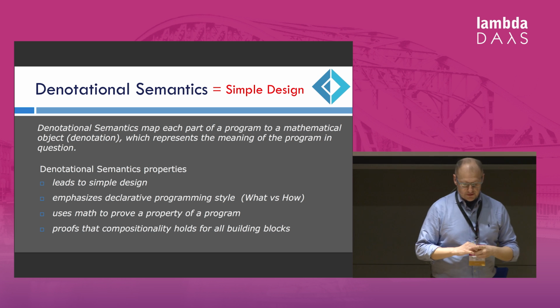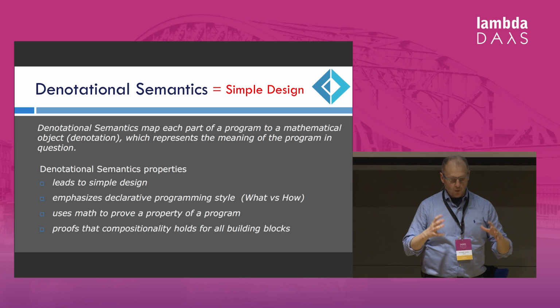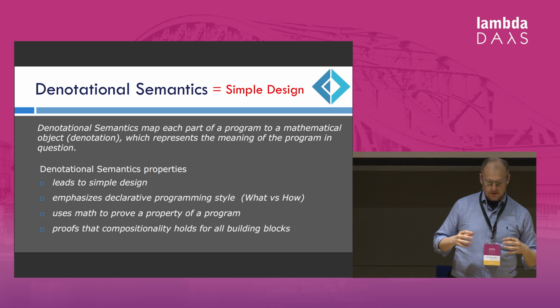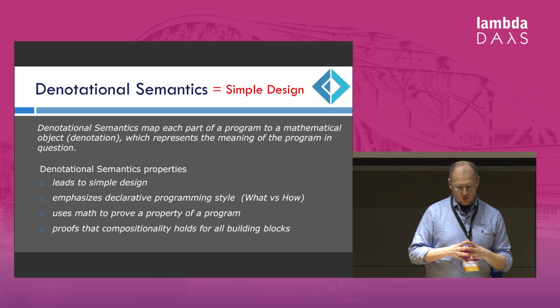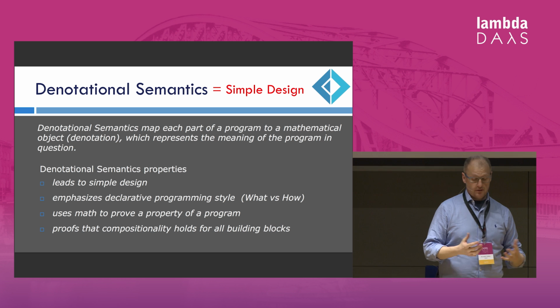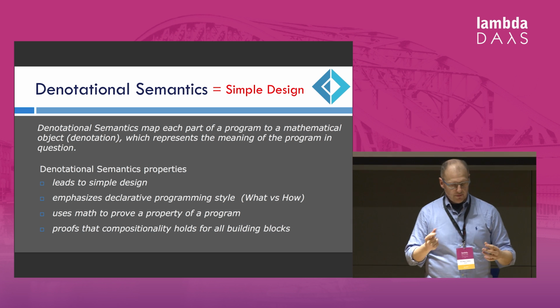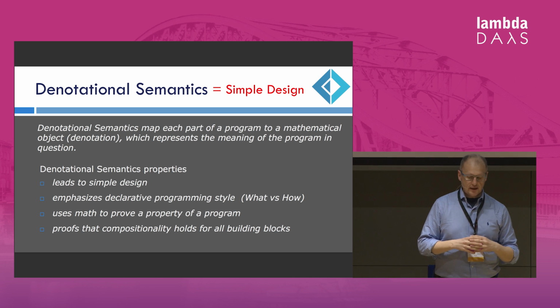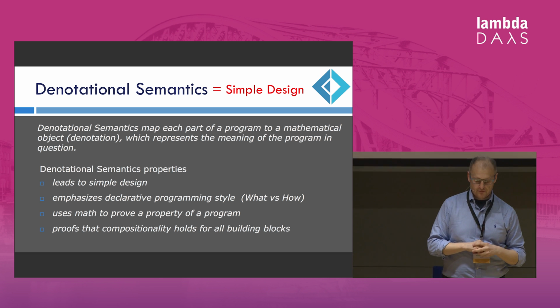So the benefit and motivation really fit quite well in FRP. And Conal Elliott has a very strong opinion regarding denotational semantics in this paper. As I mentioned earlier, it is a great mechanism for building an elegant vocabulary around your API.